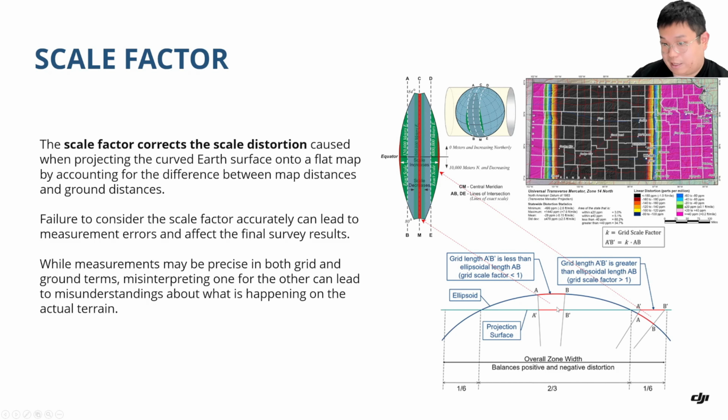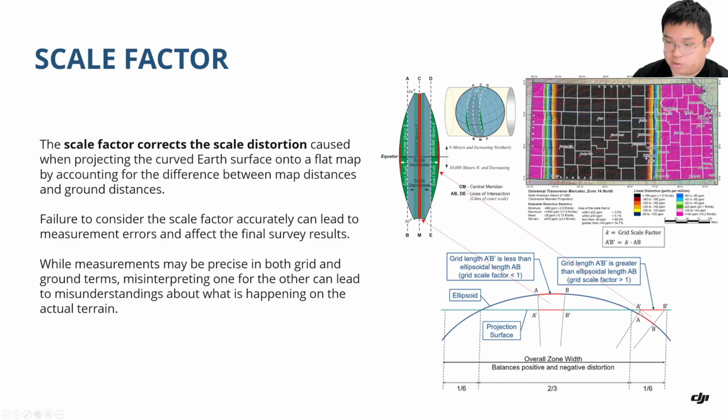And this is because of that distortion. Now, to correct that, you will need to apply this scale factor. That scale factor will be less than 1 because you have to multiply the scale factor to the ellipsoidal surface, which in this case is AB, in order to get the measurements on the projection surface.